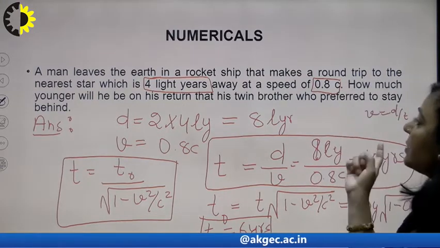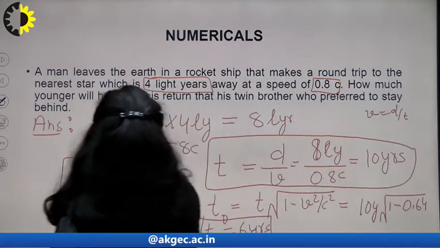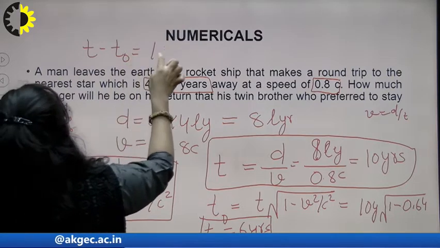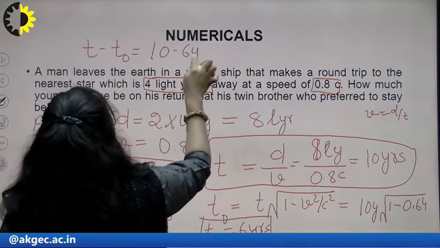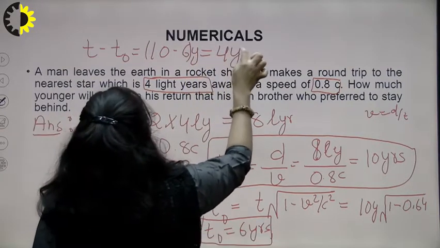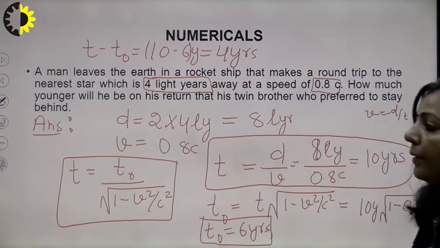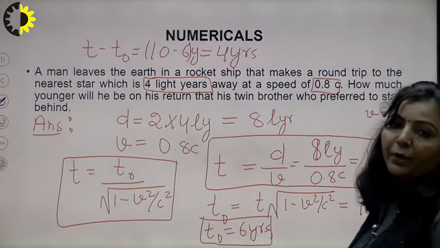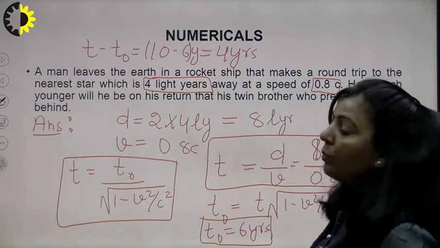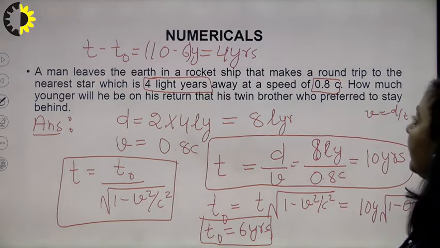So the difference in the age of those two twin brothers, T minus T naught, is equal to 10 minus 6 years. It means there is a difference of 4 years in the age of those two twin brothers if one of the twins is traveling with a speed of 0.8 c.